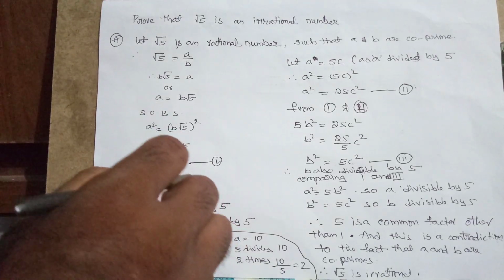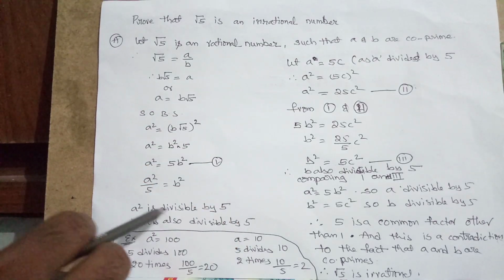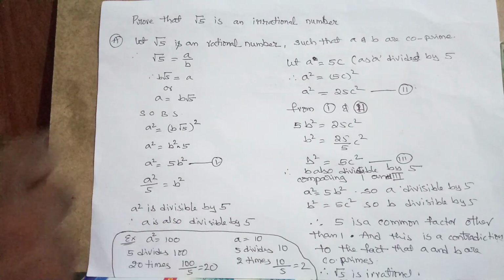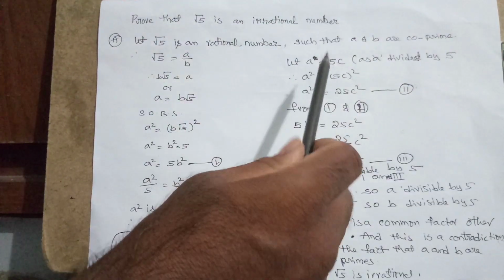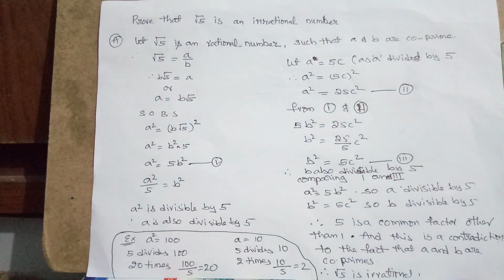Listen carefully. a square is divisible by 5, a is also divisible by 5. Therefore, a I can write down as 5c, because it is divisible by 5, so some other number will remain as the quotient.